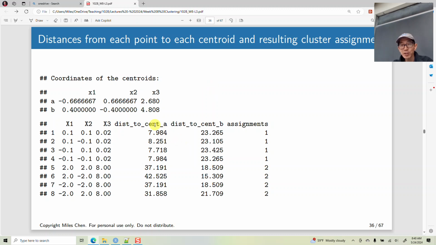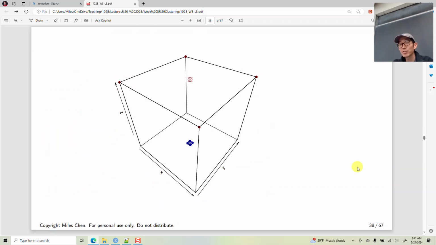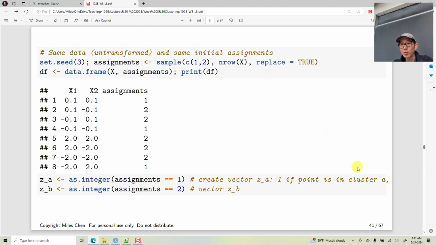Page 36 is where I transformed them into 3D and then calculated the distances to centroid A and centroid B. Basically we want to say, can we get these same numbers even if I don't actually calculate the coordinate of centroid A and centroid B?